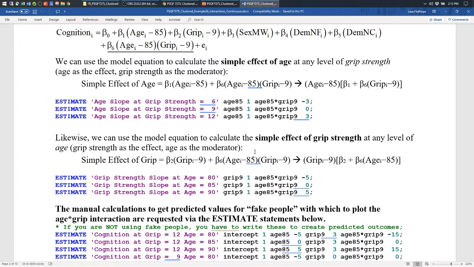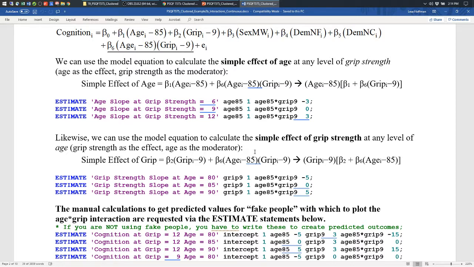To figure out what beta 1 would be for other values of grip strength, we take the same formula we used last time. Anywhere in the equation you see age, pull it out, and then factor. So I have a minimum of beta 1, and I also need a beta 6, because that tells me how to get the age slope as a function of grip.